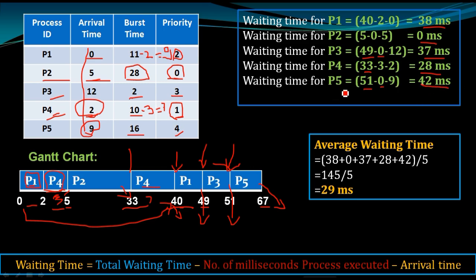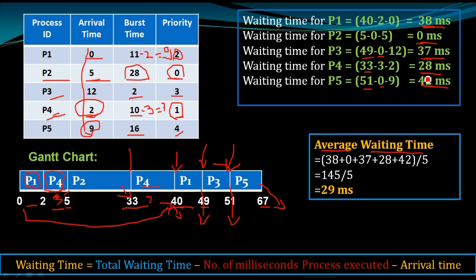So after calculating all the waiting times for P1 to P5, let's go to average waiting time. To calculate average waiting time, we have to add 38 plus 37 plus 28 plus 42, right? So P2 is 0. So 38 plus 0 plus 37 plus 28 plus 42.